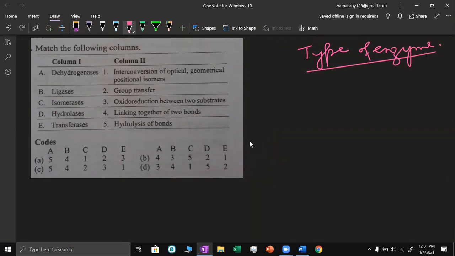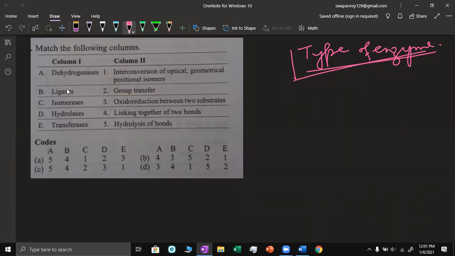In the first column the name of the enzyme is given, and in the second column the type of reaction it carries out. This classification of enzymes is based on the group or the type of enzymatic reaction.